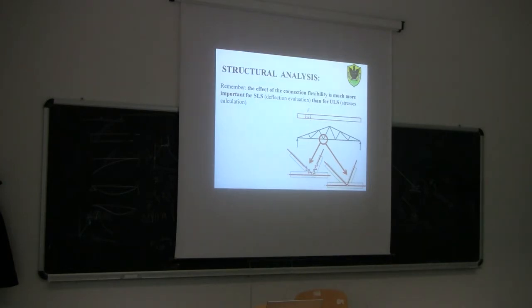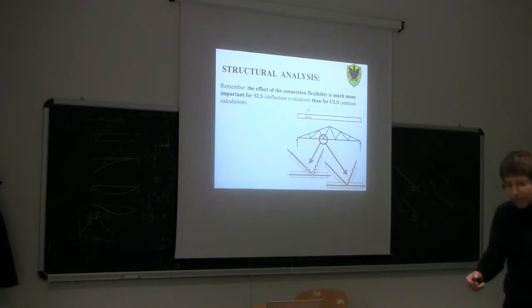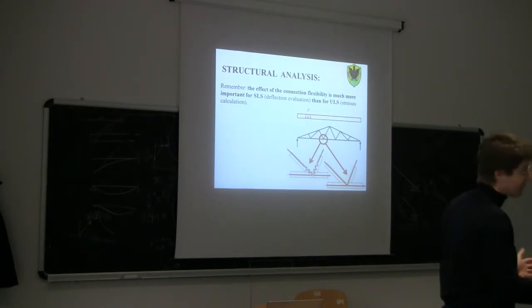However, when it comes to the serviceability limit state checks, then it's very important to take into account those springs, because otherwise we're going to underestimate the actual deflection of the structure. We're talking about underestimation up to 50%. So it means that if we don't consider this kind of flexibility here, and we just consider this scheme here, we just need to keep in mind that the limits that we suggested last time should be increased by at least 100%.